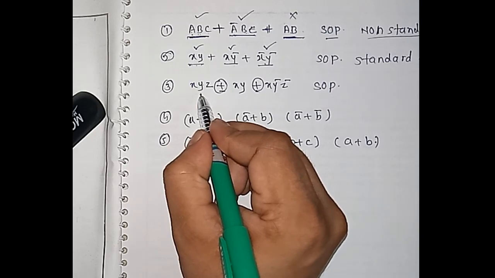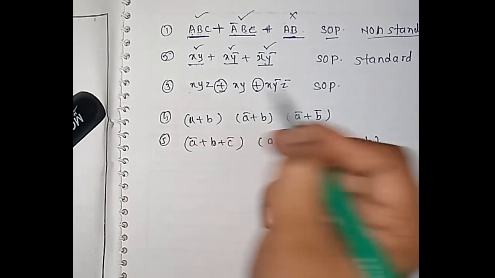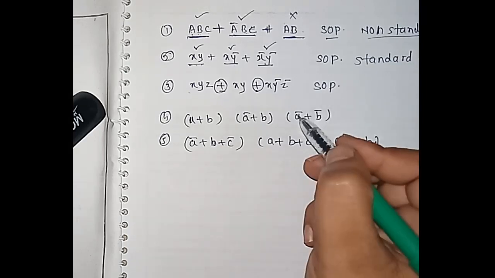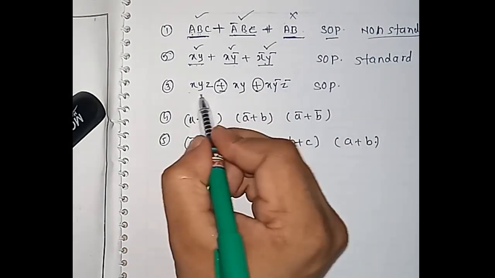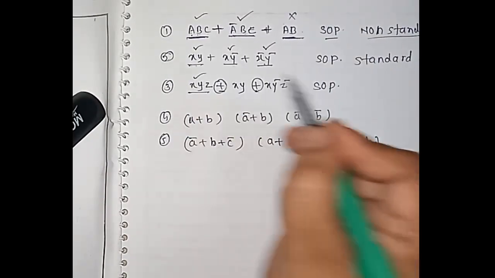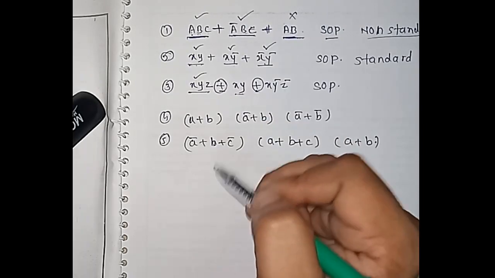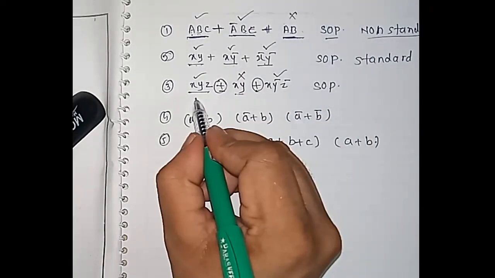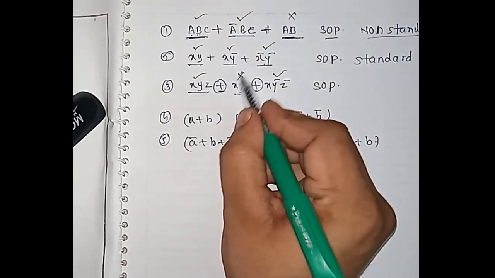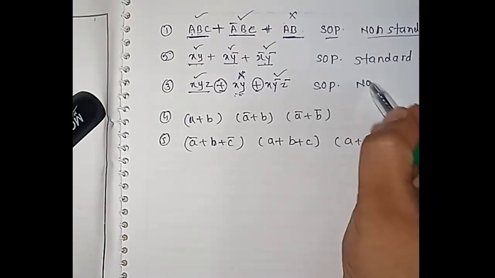There are a total of 3 literals, X, Y and Z. If each term consists of all 3 literals, then it is standard form. Here the first term consists of all literals, in the second one literal is absent, so this is not valid, and the third is valid. So one product term is missing one literal, so it is non-standard.